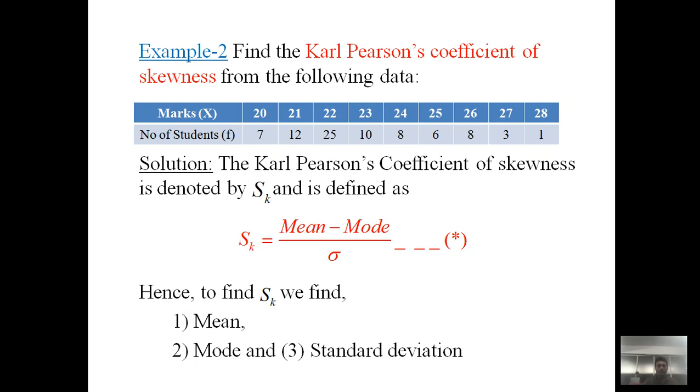So according to the skewness coefficient we have to find three measures, that is mean, mode and standard deviation. So one by one again we have to calculate the mean, mode and standard deviation.